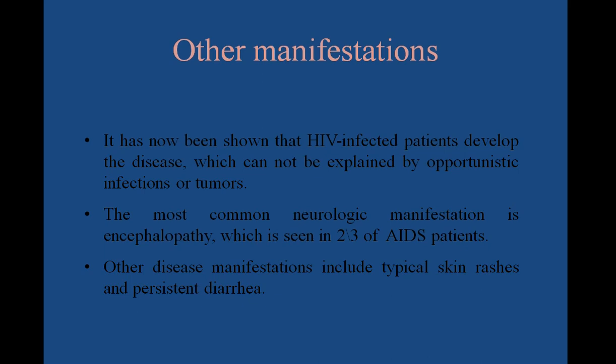The most common neurological manifestation is encephalopathy, which is seen in a set of AIDS patients. Other disease manifestations include skin rashes and persistent diarrhea.